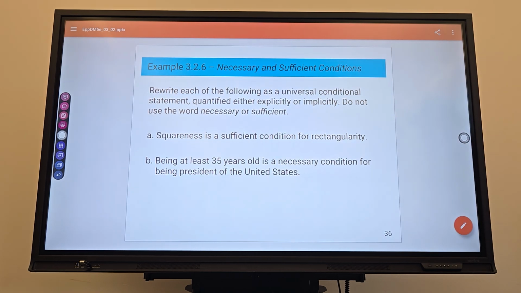Rewrite each of the following as a universal conditional statement, quantified either explicitly or implicitly. If X is a square, then X is a rectangle. All squares are rectangles. If a person is the President of the United States, then they're at least 35 years old.